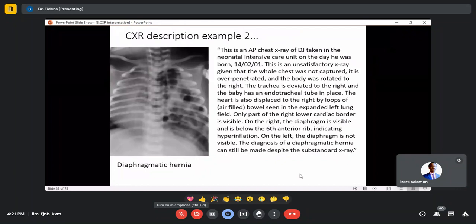Okay. So this is another example of a description of an image. Check the image first of all. Unfortunately, I put the description. I should have asked you what you are seeing there on the image. Try to look at it. It's a child.